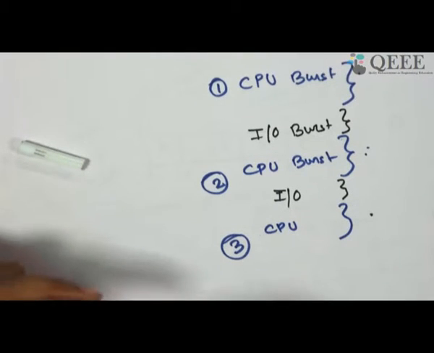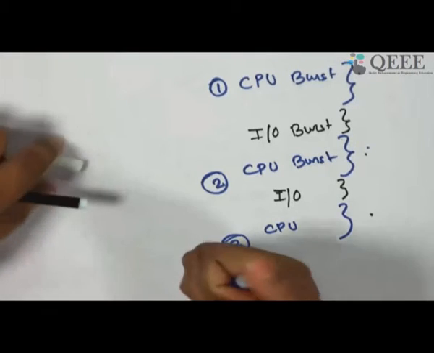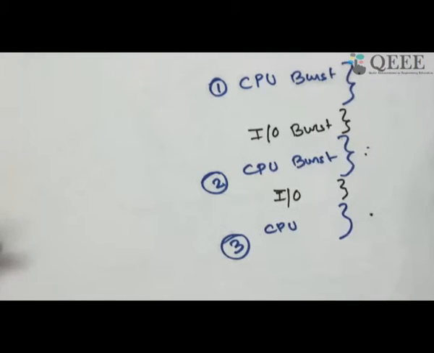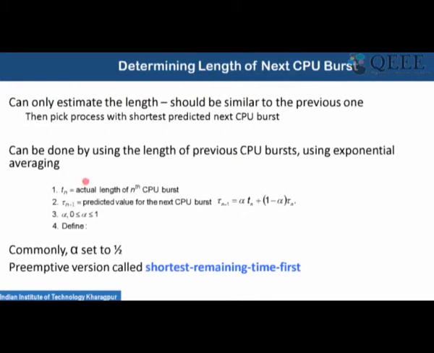So how can we do that? For that we use a weighted approximation mechanism. This is the algorithm for that. Assume that Tn is the actual length of the nth CPU burst and tau n+1 is the predicted value for the next CPU burst. Then tau n+1 equals alpha Tn plus (1 minus alpha) times tau n.